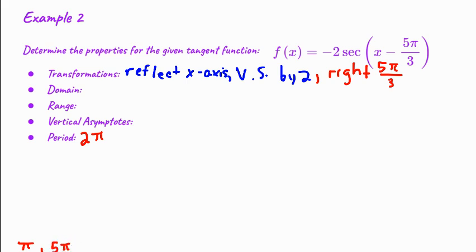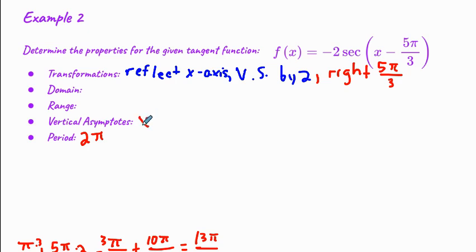Well, we're dealing with fractions here, so let's get our common denominator of 6. So we got 3 pi over 6 plus 10 pi over 6. That gives us 13 pi over 6.